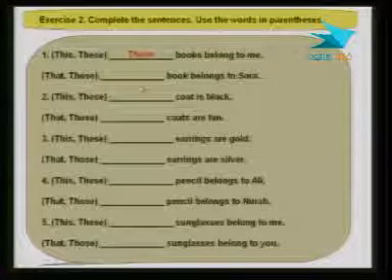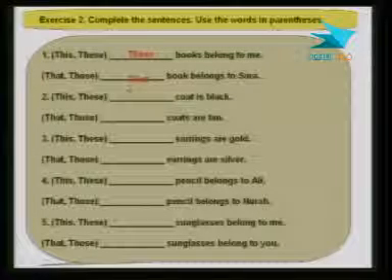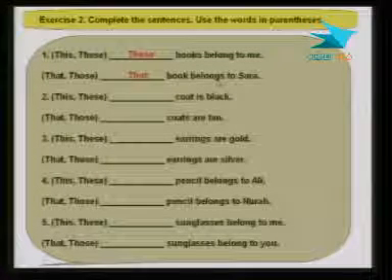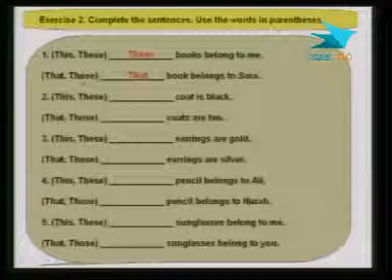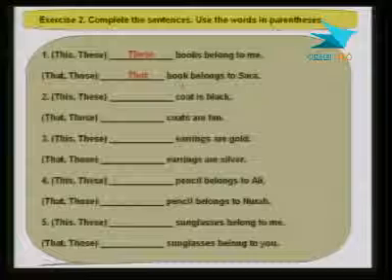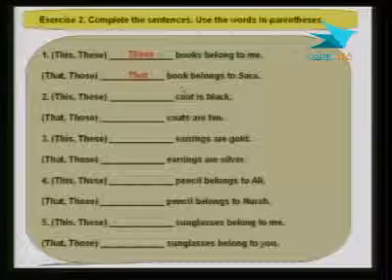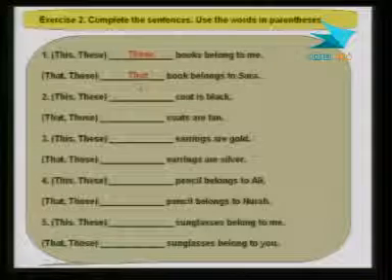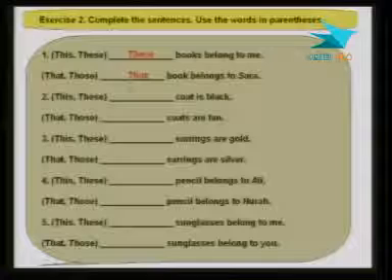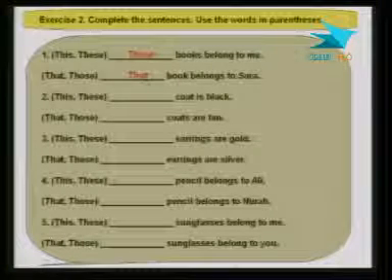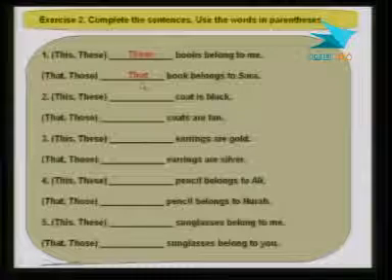Number 2, well actually number 1, let's finish it. That book belongs to Sarah. Look here, that or those. And book in this second sentence of number 1 is singular, so we need a demonstrative that we use for singular nouns, and it is that.